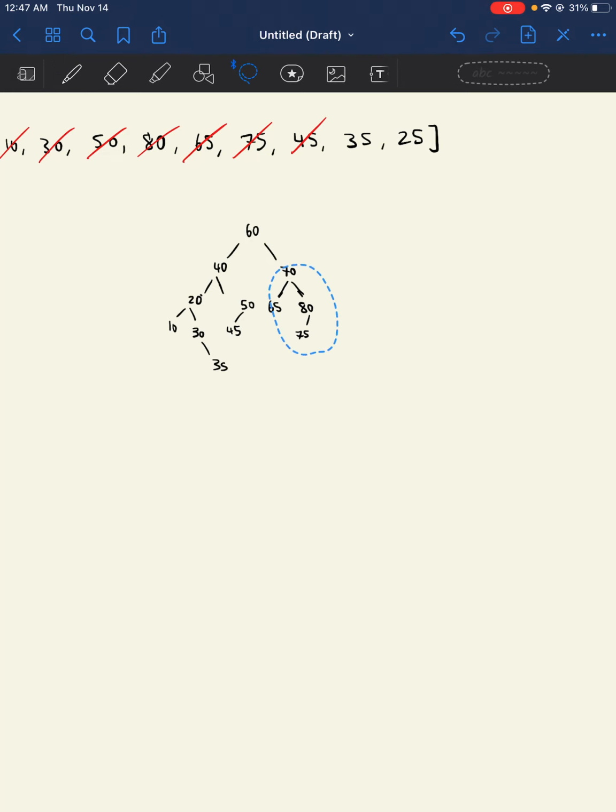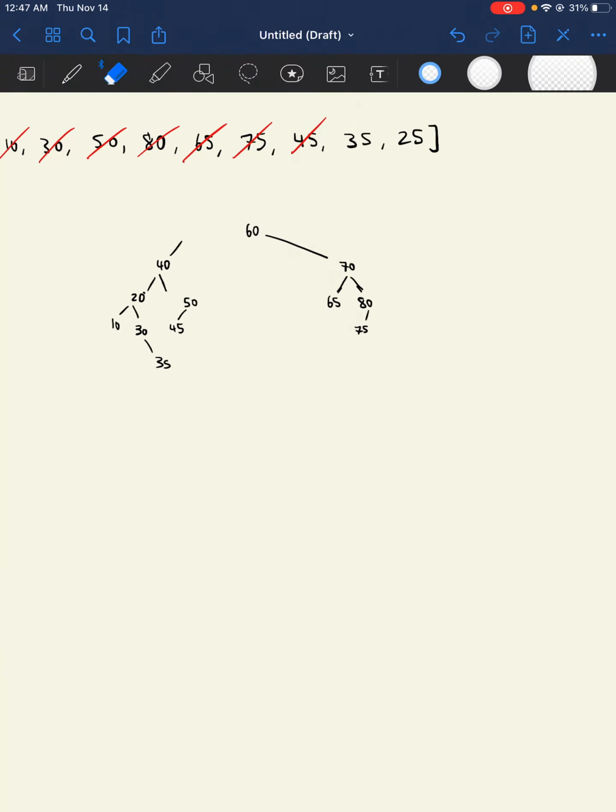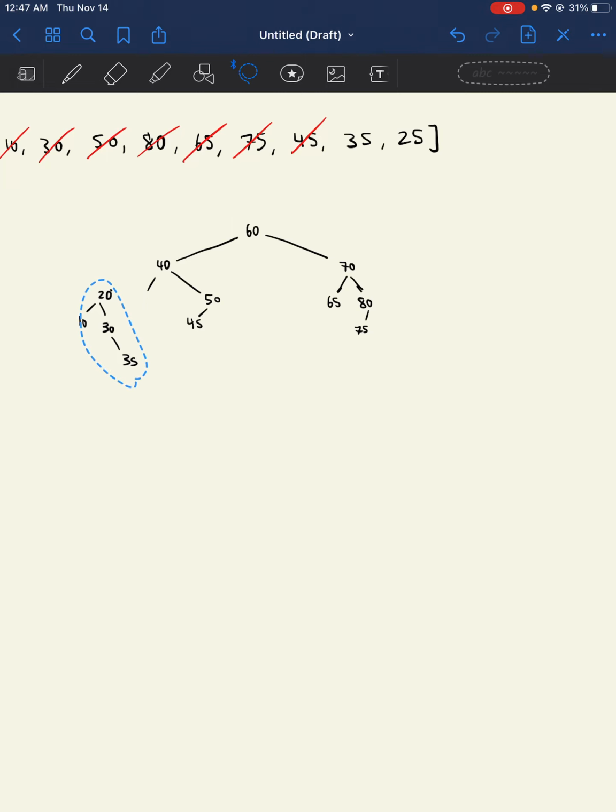Now I'm running out of room. Let's give myself a little more space here. Okay, it was 50, then 45. Bear with me. It's going to make it a lot easier to follow. Everything is nice and neat.